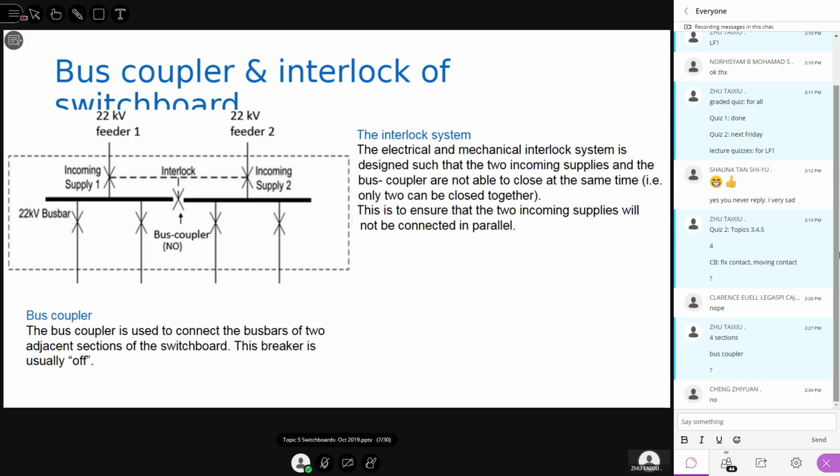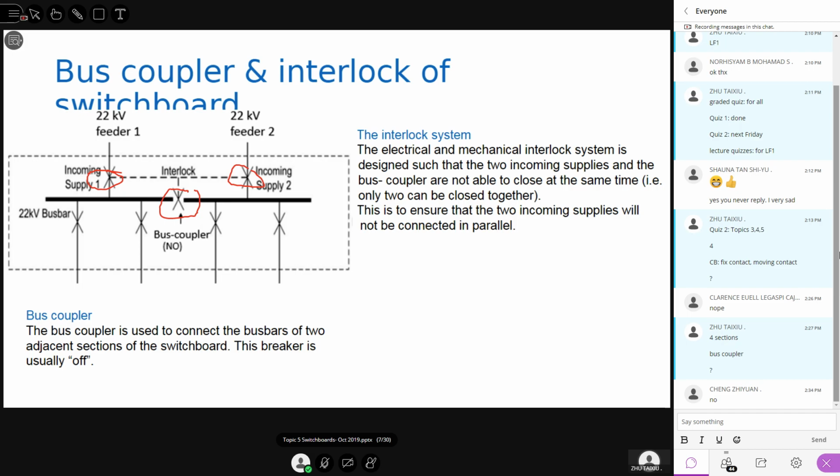Again, this is repeating the discussion about the bus coupler. Remember, when we talk about the bus coupler, 3 circuit breakers are involved: 2 incoming plus the bus coupler. Remember the logic from topic 1: the 3 circuit breakers cannot be in the on position at the same time.